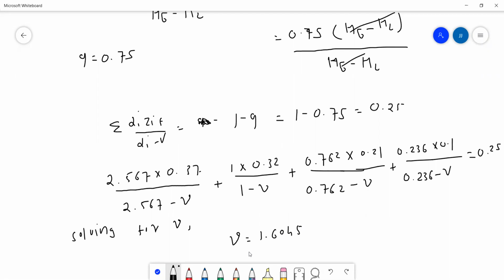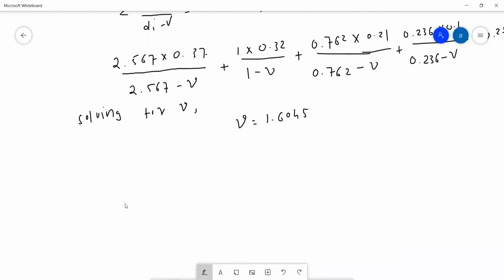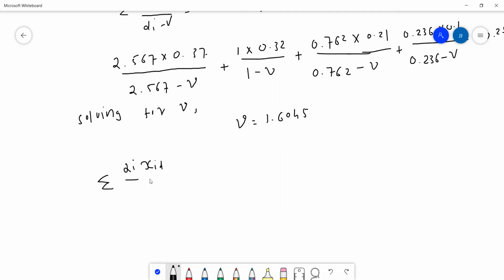And also we have the equation, summation of alpha i into x_iD divided by alpha i minus theta, that is equal to Rm plus 1.